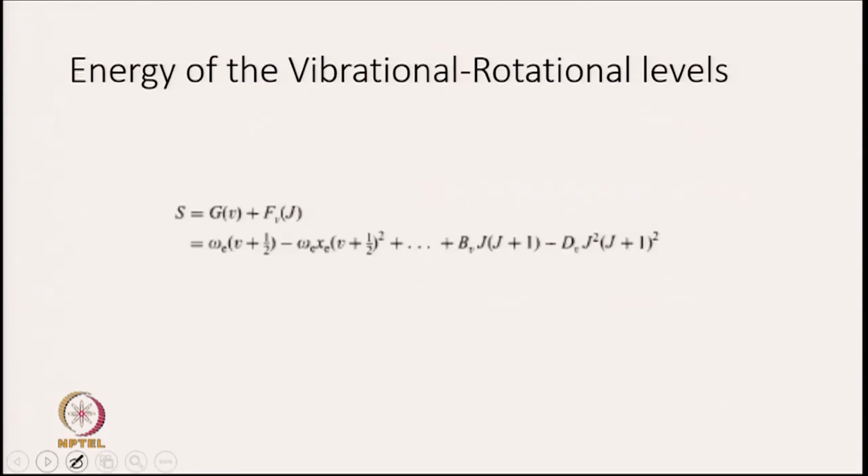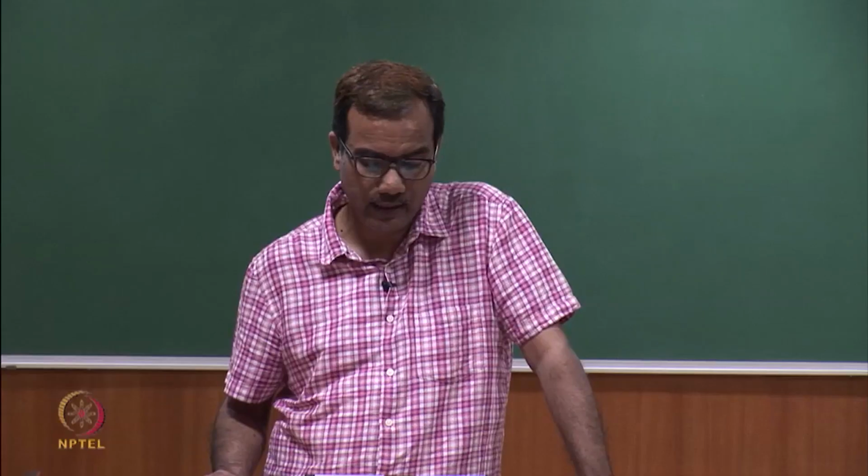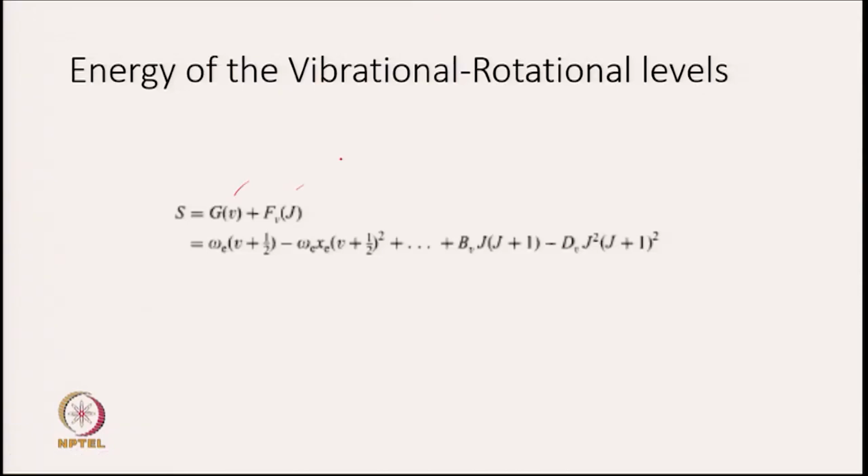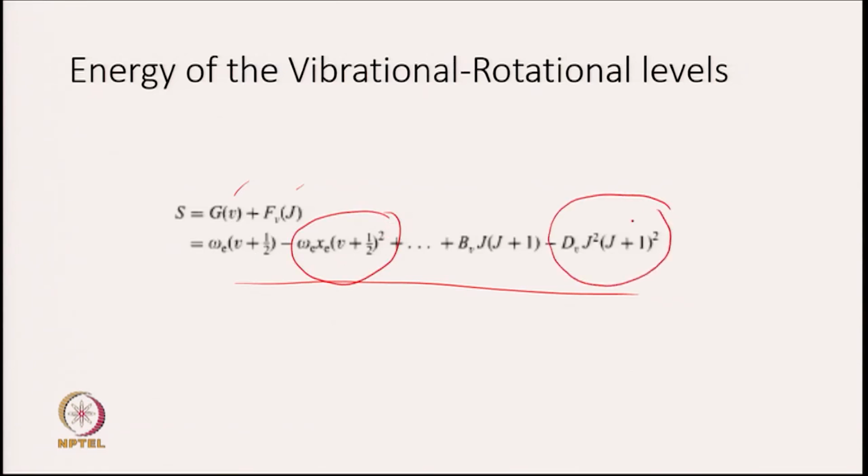We know the energy of vibrational rotational levels, we have already discussed that, and that is basically G(v) plus F(J), given by this equation. Now we can apply delta J equal to plus minus 2 to know the wave number for the S transition and O transition. If I neglect anharmonicity and centrifugal distortion, then we have two parts, one corresponding to vibrational, another corresponding to the rotational level.